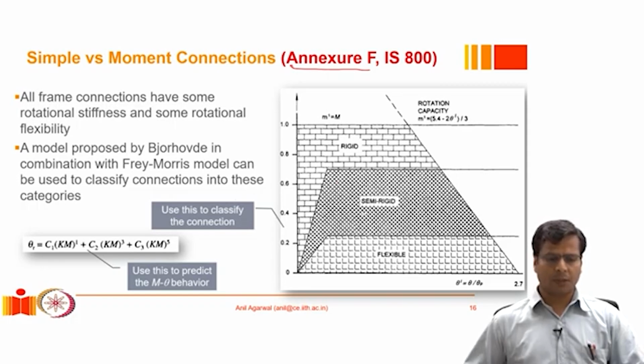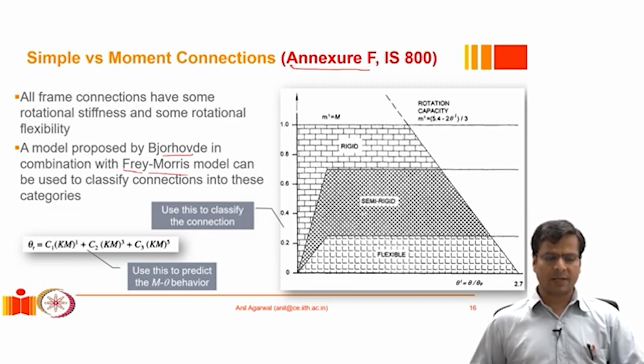This formulation was developed by Professor Bjorhovde, and in addition to the equations for connection stiffness that were proposed by Frey and Morris, these could be utilized to predict whether a given connection is a simple connection or a rigid connection. So basically there are a large number of equations given in annexure F. I am not going through all of that. It's beyond the scope of this course.